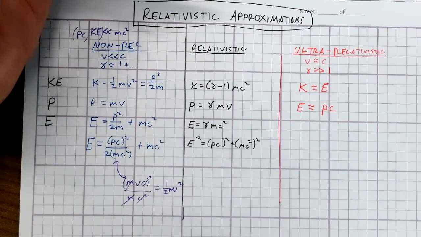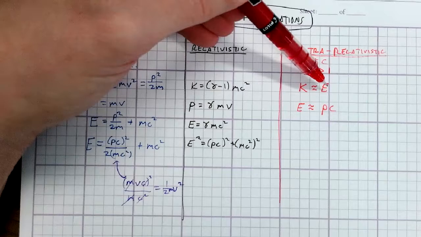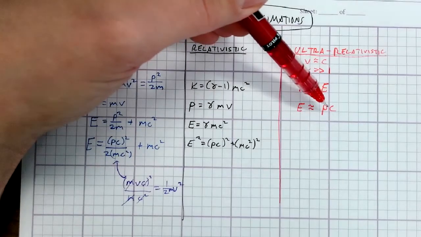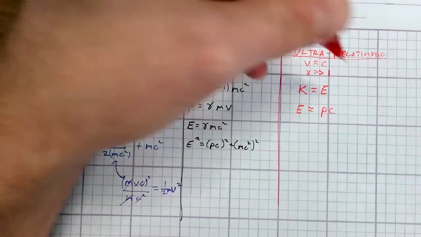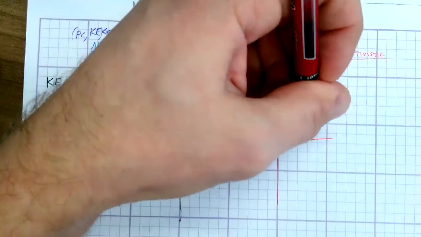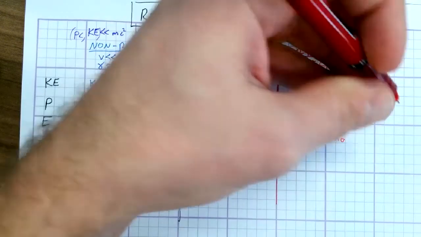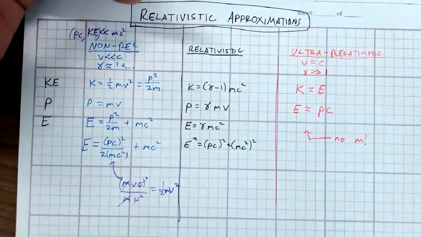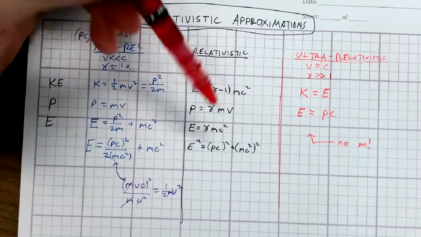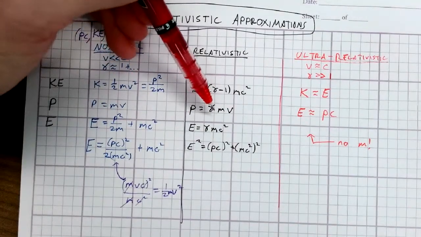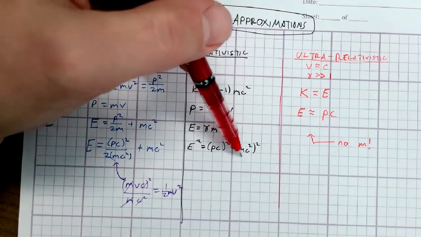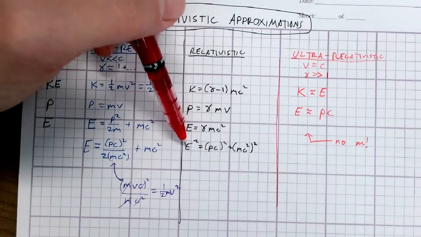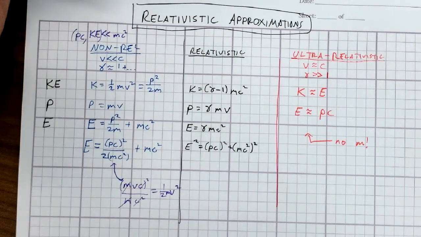Now, this is the good life where things are really, really simple. My energy is all kinetic, it's all coming from the momentum term, and I'm completely neglecting the mass term. Notice, in fact, that nothing here in this column has an explicit m dependence. Well, yeah, E is gamma mc squared and p is gamma mv, but in the ultra-relativistic limit, this mass term becomes negligible, so it's all energy and momentum.